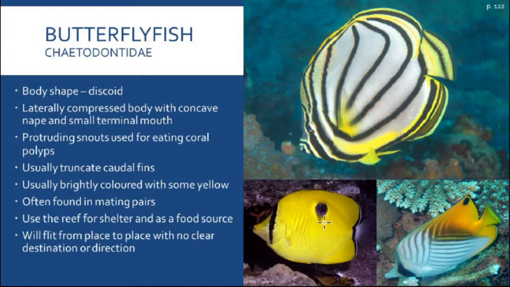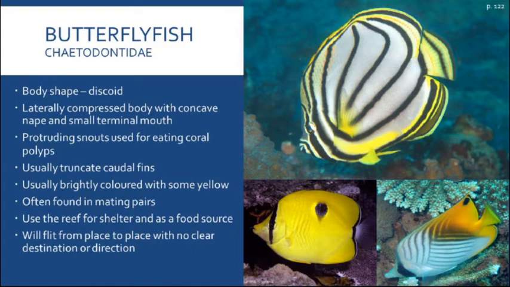Often they'll have a false eye spot towards the back of the fish as well. On this example, you can see it right at the tip of the dorsal fin over here. That concealed eye and the false eye spot are there to confuse their predators. The predator doesn't know which way is the front and which way is the back.